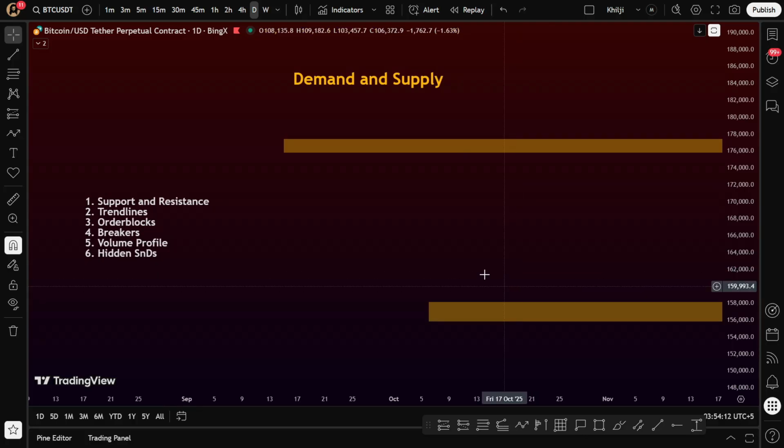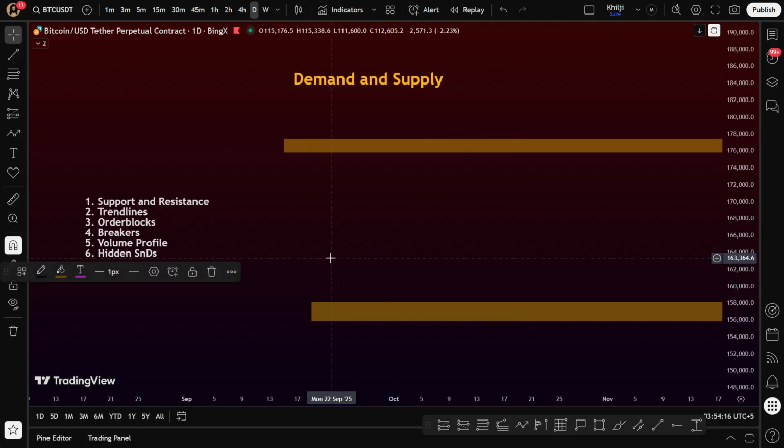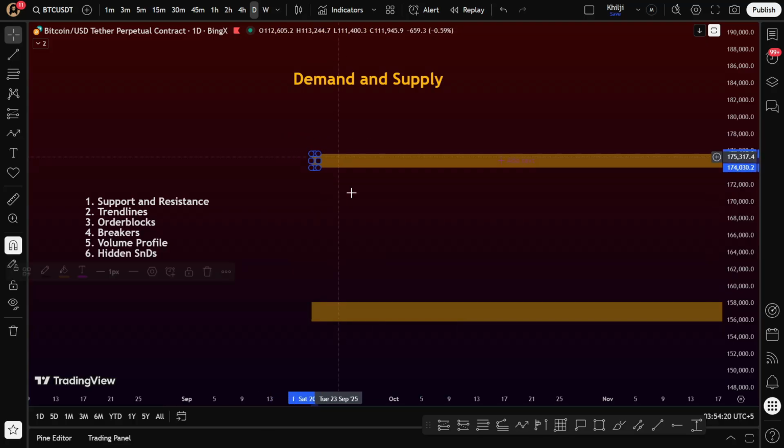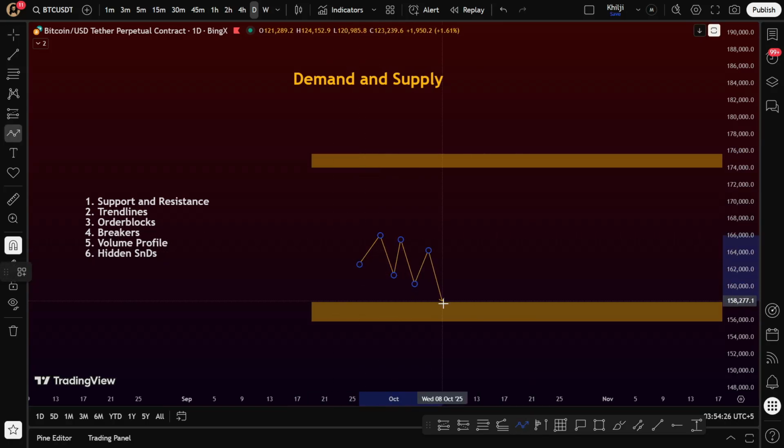So, first things first, we have support and resistance. It's very, very simple. Let's just say that price is ranging and it's bouncing off of a certain zone, a certain level again and again.